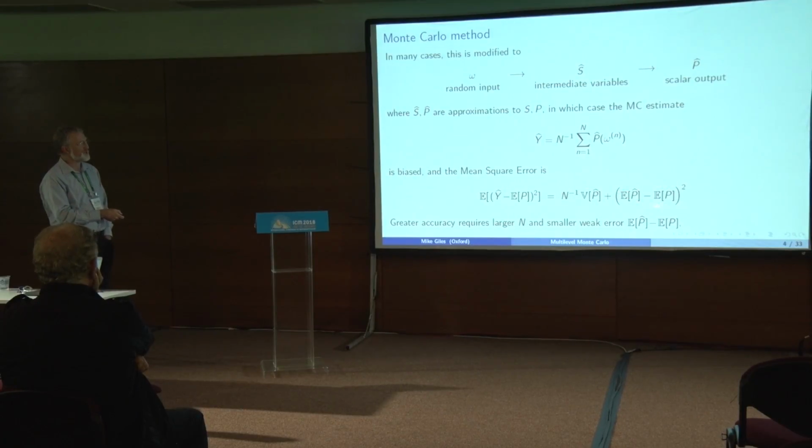But now we have this additional term, which is the square of what's known as the weak error. It's the discretization error in expectation. And so achieving greater accuracy for the mean square error requires not only increasing the number of samples n, but also making the calculations more accurate so that the expected value of P hat is closer to the true expected value of P.